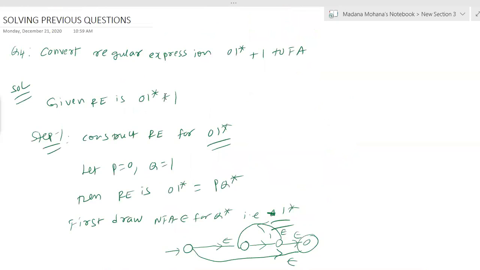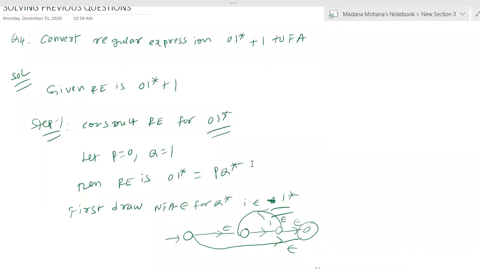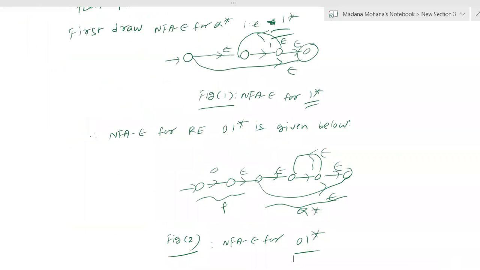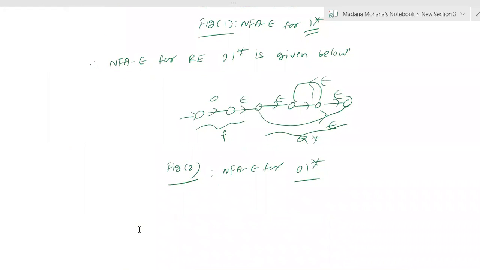So before plus we constructed 0, 1 closure NFA with epsilon. Then again your final regular expression is 0, 1 closure plus 1. So you have 1 again. So then plus means you can take R1 union R2. So the final regular expression is 0, 1 closure plus 1.